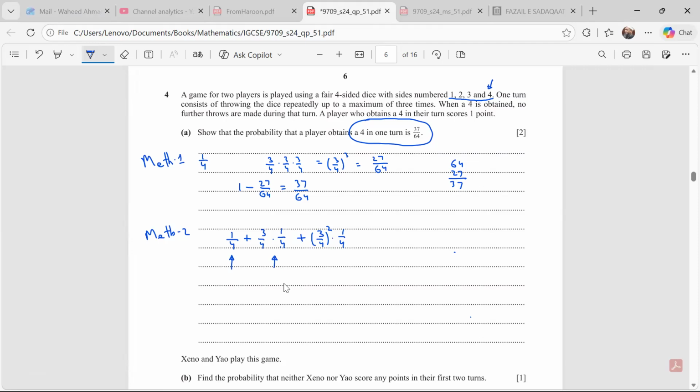The third possibility is that in the first two trials you do not get 4, but in the third trial you get 4, right? So if I calculate this whole thing, it is 1 by 4 plus 3 by 16 plus 9 by 64. If you add them all together, it's again 37 by 64. So this is the philosophy of this question. In both ways, you get the same answer.